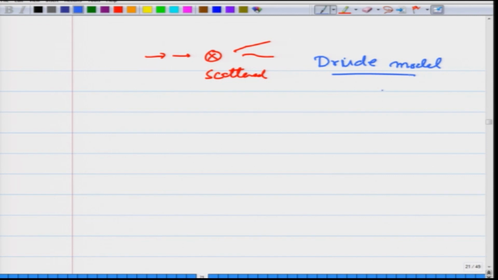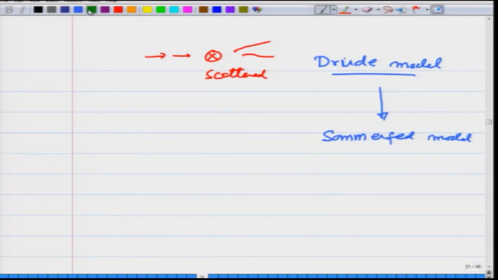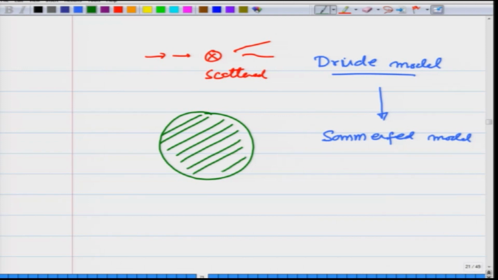and then this was generalized to the Sommerfeld model, where instead of each particle moving with the same velocity and each particle getting scattered, we had a Fermi sphere which was filled, and when a field was applied, this Fermi sphere shifted because of the applied field and because of then scattering.